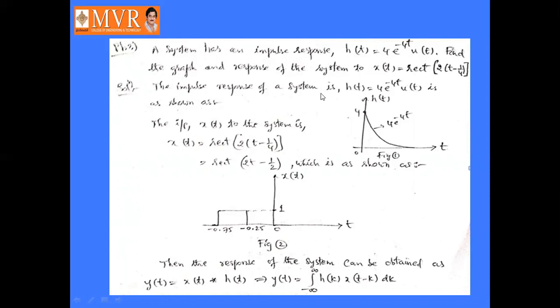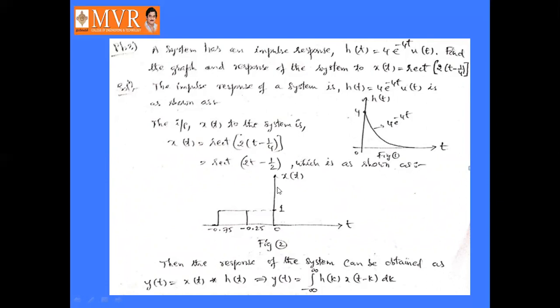So the impulse response of the system is h of t equal to 4 e power minus 4t into u of t, which is shown like this. This is an exponentially decaying function. Its amplitude is 4 and its function is e power minus 4t.